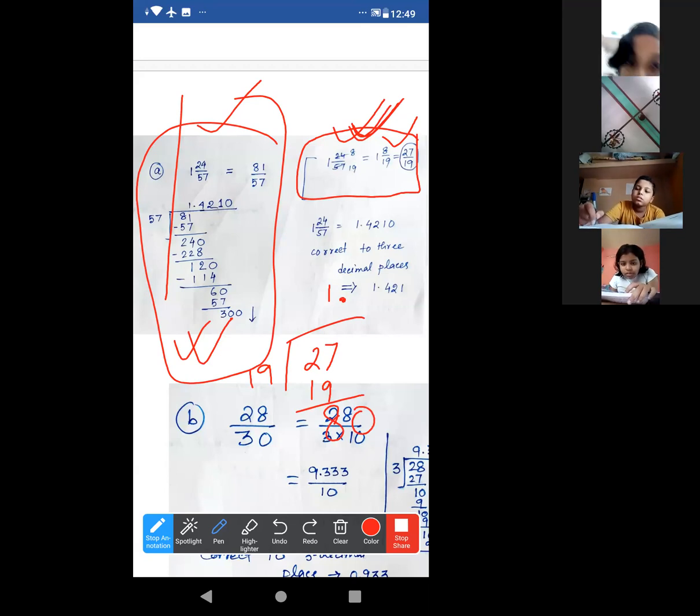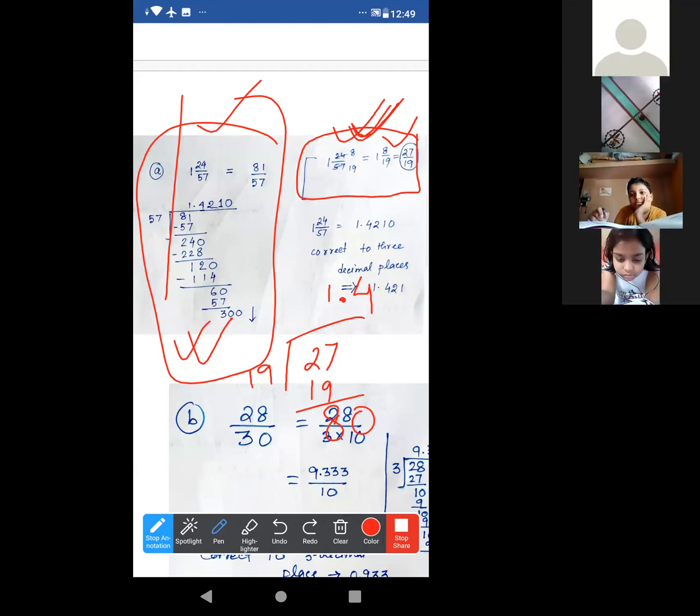Understood or not? Now we have to take 4. 4 19s are 76, right? It will be 74. By using this decimal point, we have to take 1 0.